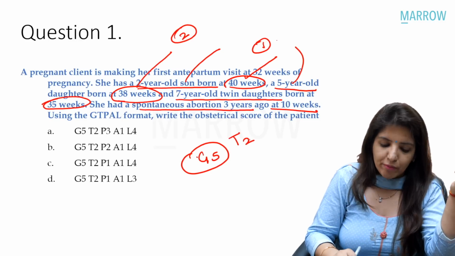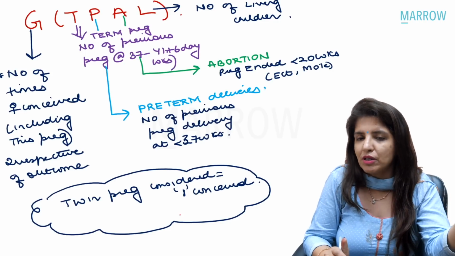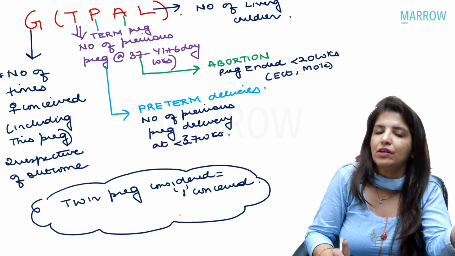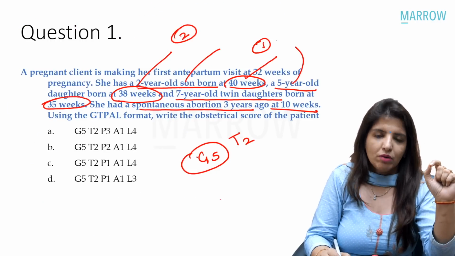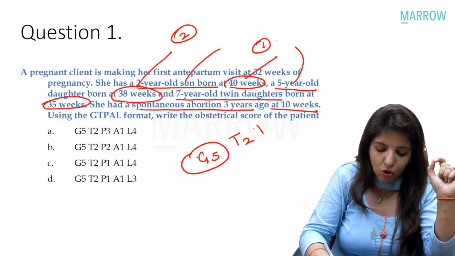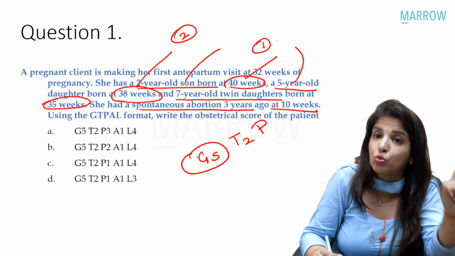P stands for the number of preterm deliveries, and all of you know how to define preterm deliveries. If delivery is happening at less than 37 weeks. Right, so in this case, she had twin daughters who were born at 35 weeks. So for the number of preterm deliveries, you are not going to say that because it is twins, it will be 2.